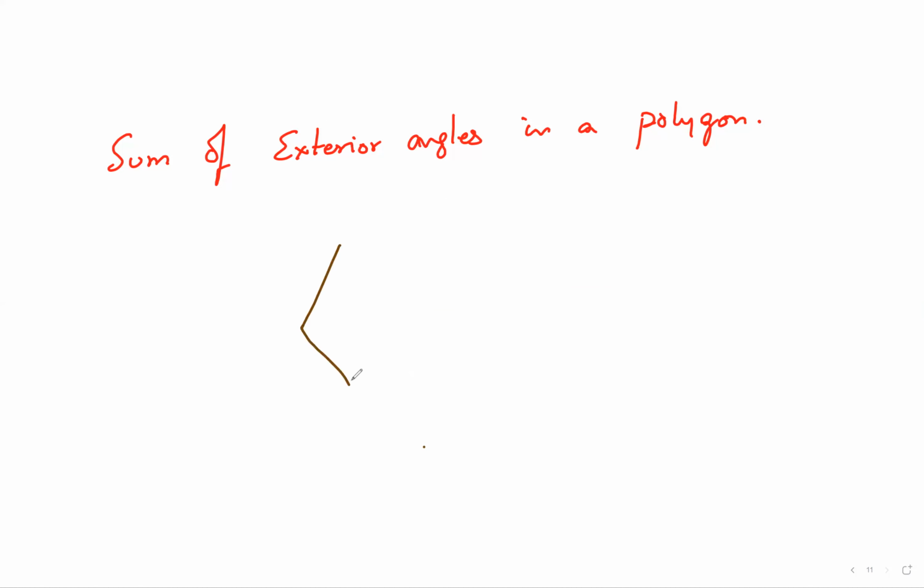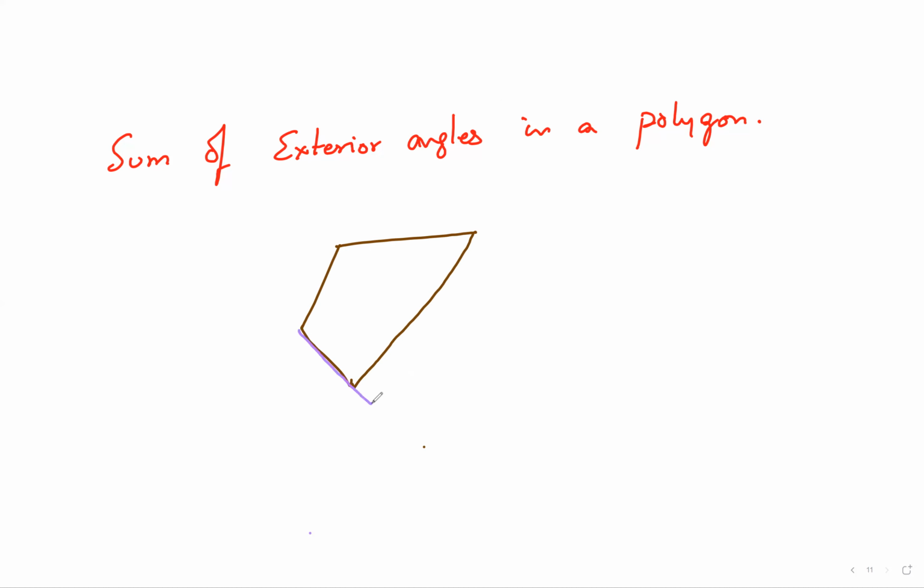Now let us see the next concept, sum of exterior angles. Two things you have to remember in a polygon. Let me first explain what an exterior angle is. Suppose we take any quadrilateral. How do you draw an exterior angle?